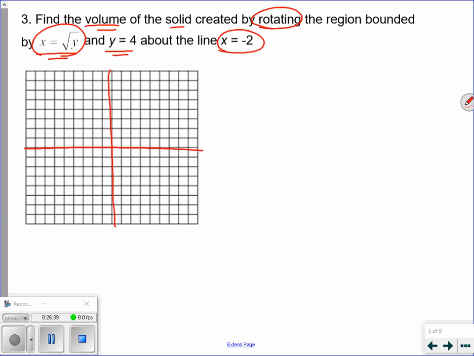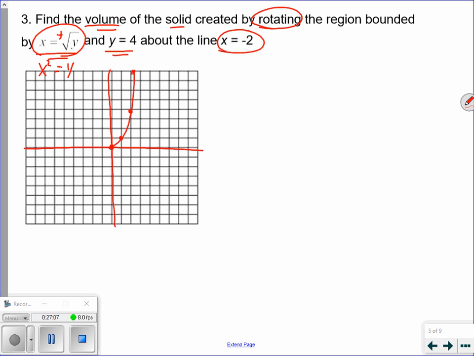Let's start with x equals the square root of y, which if you square both sides is the same thing as y equals x squared, but it's going to be the positive side of x squared. So for instance, it looks like this. Over 1, 1, over 2, up 1, 2, 3, 4. The region looks like that.